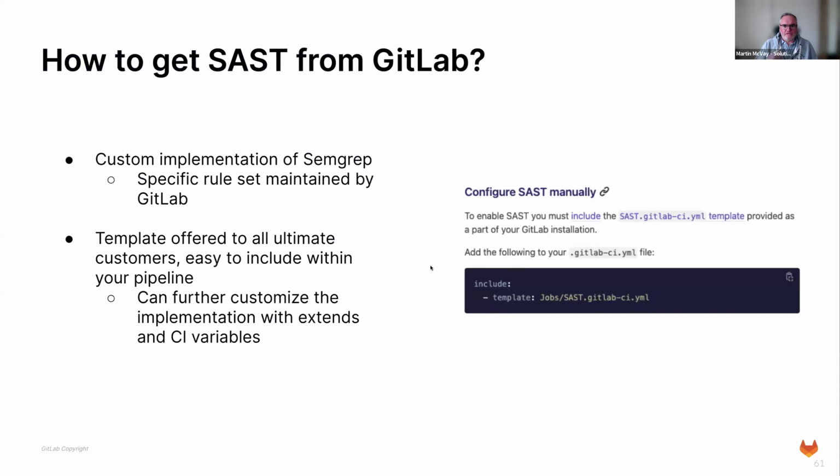So templates. Here's an example of one where it's possible to include a template to bring in our SAST scanner. If you've got GitLab Ultimate or Premium, it's possible to use this include mechanism in your CI file. The code snippet on the right is basically doing this include. It's including a template from that location, the SAST GitLab CI file.